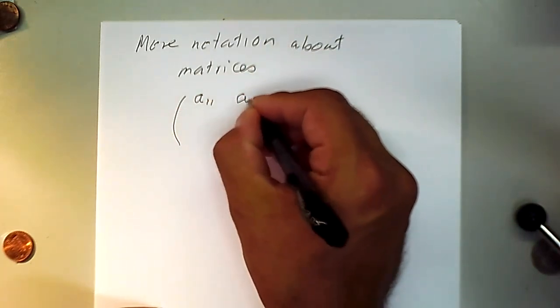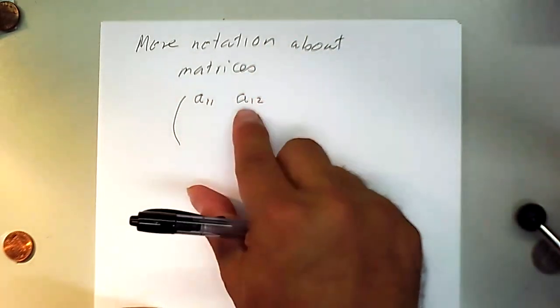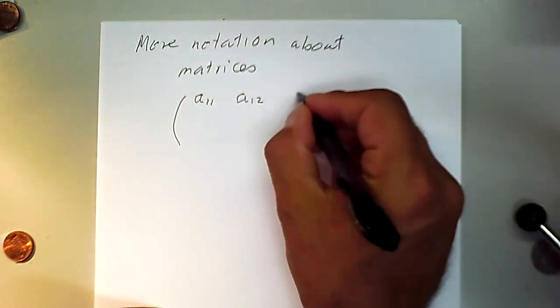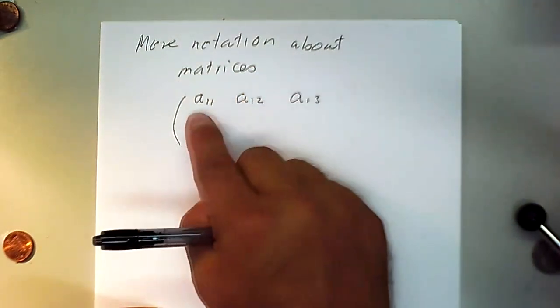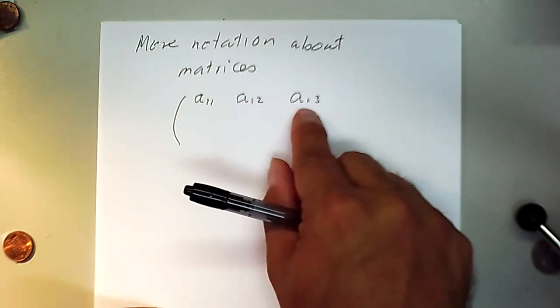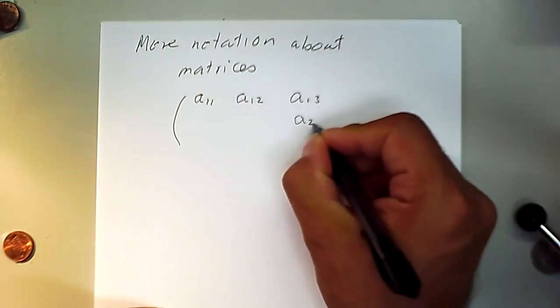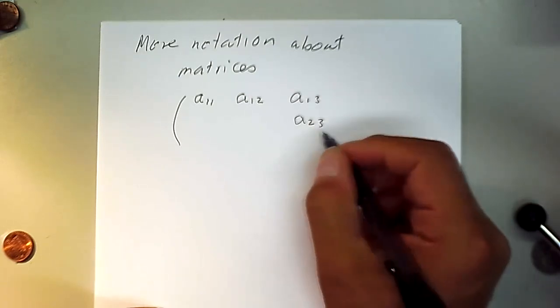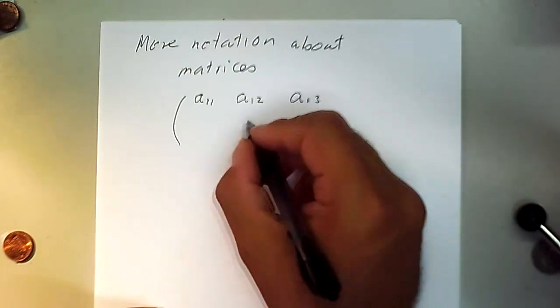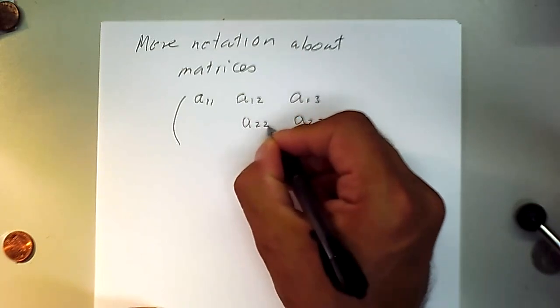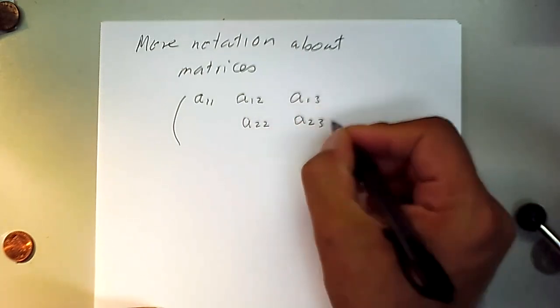The element on the first row and second column will be labeled as A 1, 2. Then 1, 3, first row, third column. So the one underneath will be 2, 3. A 2, 2, second row, second column.